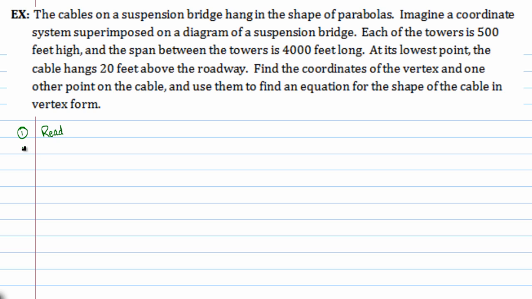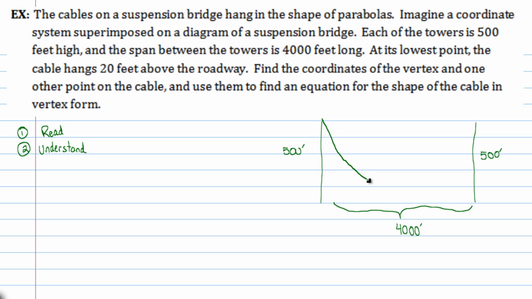We've got a suspension bridge. I'm going to go ahead and draw a picture, though, so that I can get an accurate idea. We have these towers that stand, and they're 4,000 feet apart. Each tower is 500 feet tall, and there's a cable that hangs between them.